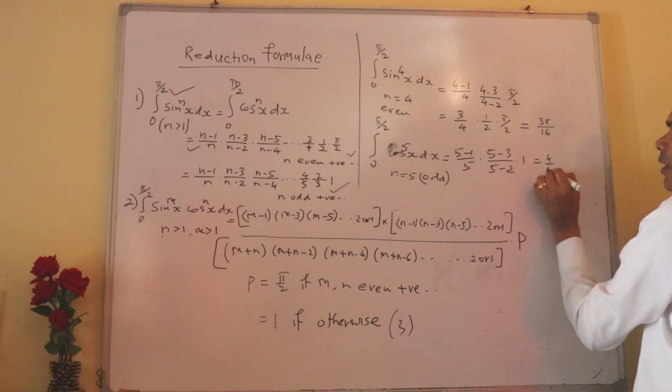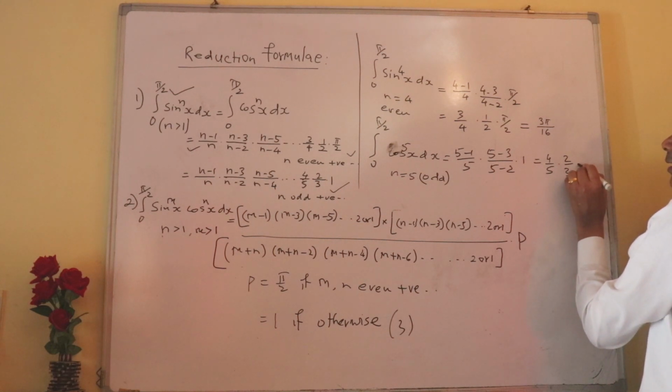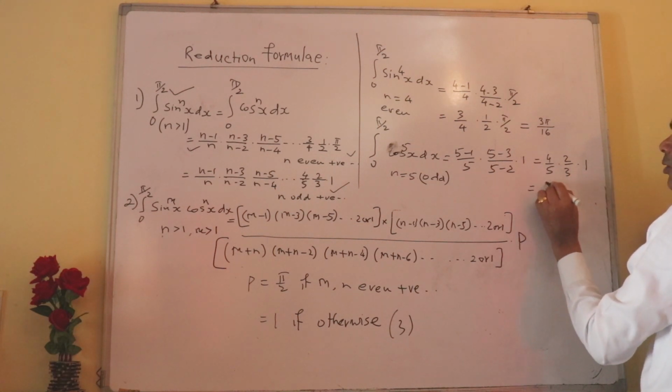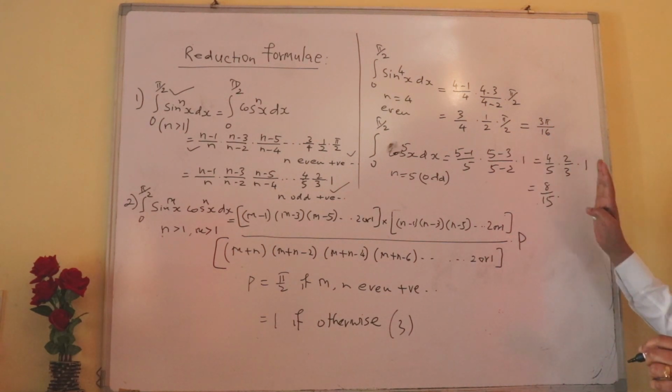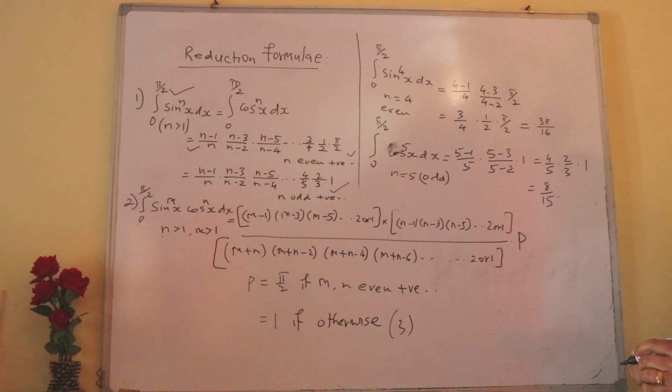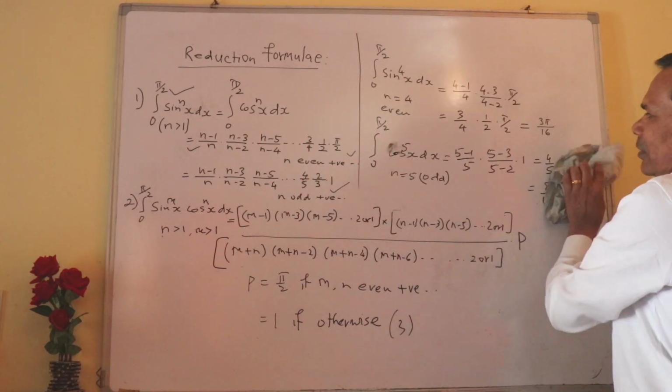So this is 4 by 5, then 2 by 3, and the last one is 1, so 8 by 15 is the value. So this is the way we can apply these reduction formulas for even and odd positive integers.